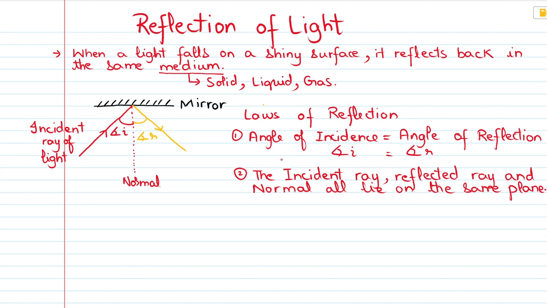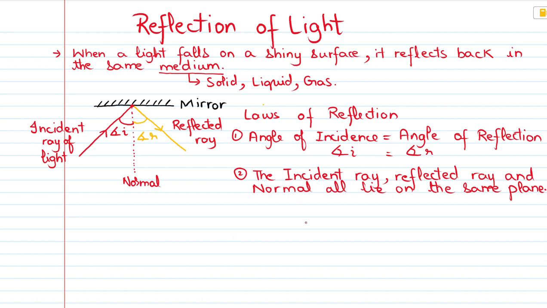Now, as you can see that this is your reflected ray and this one is the incident ray and this dotted vertical line is the normal. They all meet at the same point on the mirror. So this is the second law. Incident ray, reflected ray and normal all lie on the same plane.